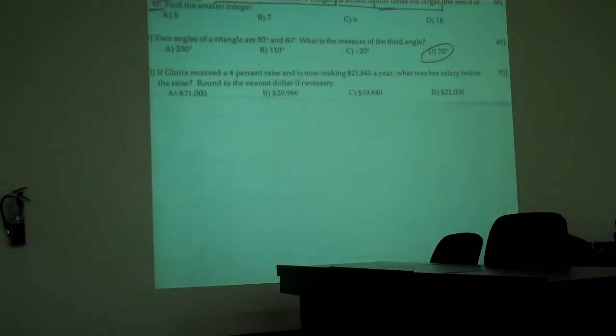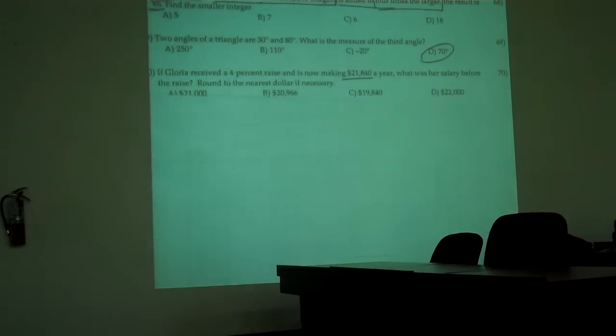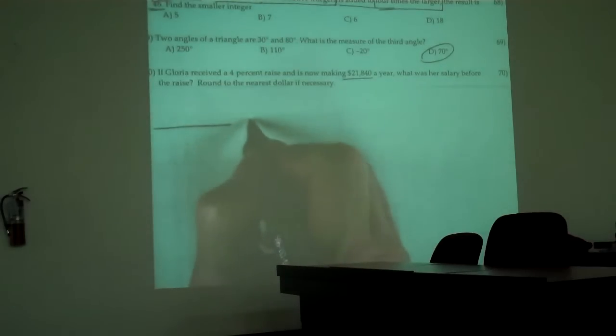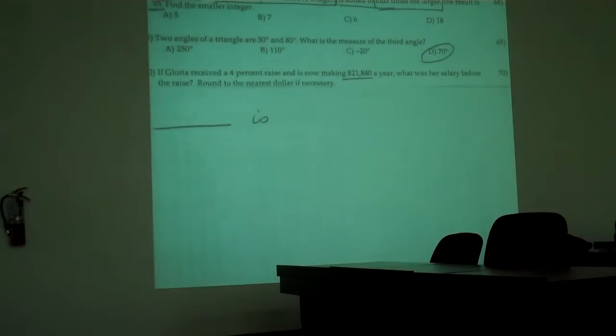If Gloria received a 4% raise and is now making $21,840 a year, what was her salary before the raise? Round to the nearest dollar if necessary. Okay, remember when it was a percent, like 35% more, we did 100% plus 35%?